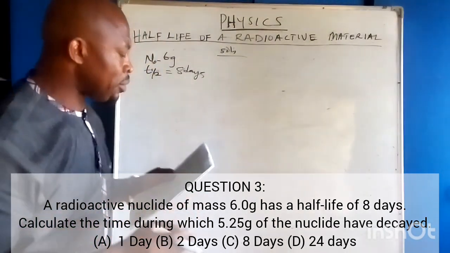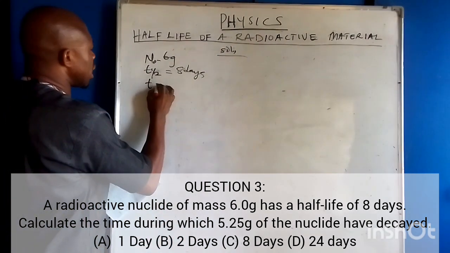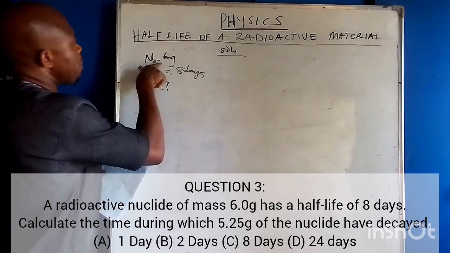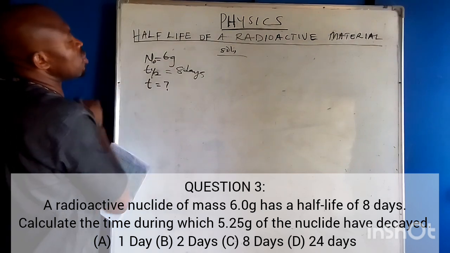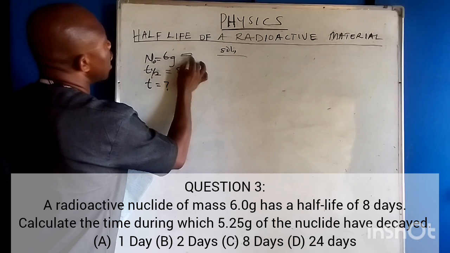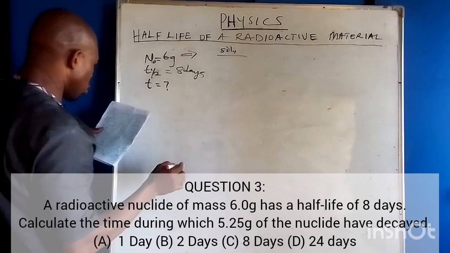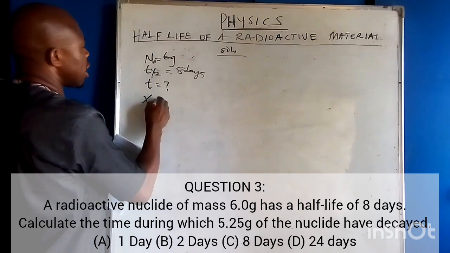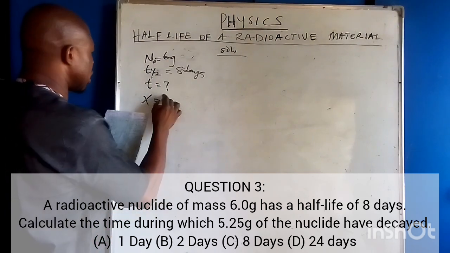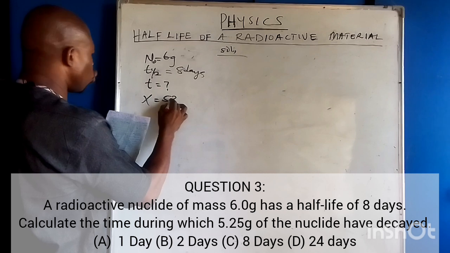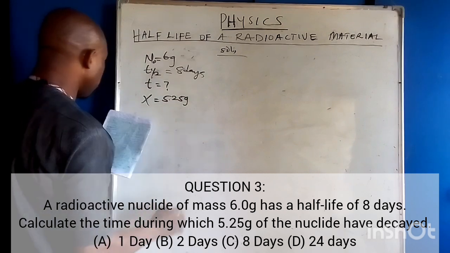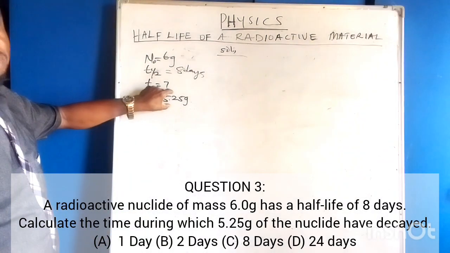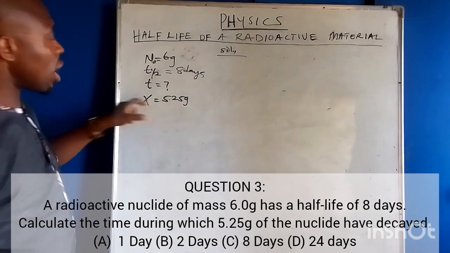The time during which, now this T is what we are looking for. During which this mass of 6 grams, 5.25 grams have decayed. Now remember, this one has decayed.